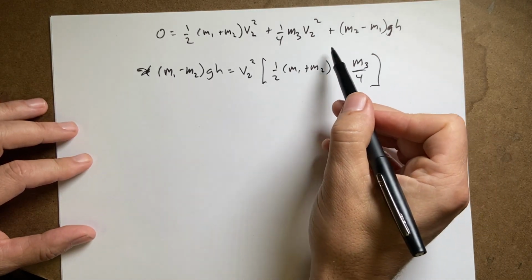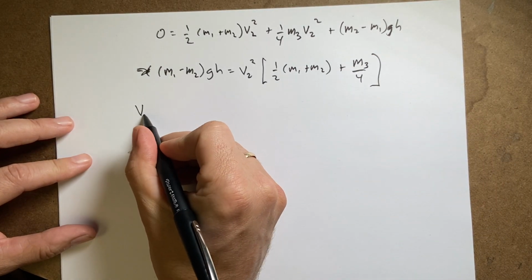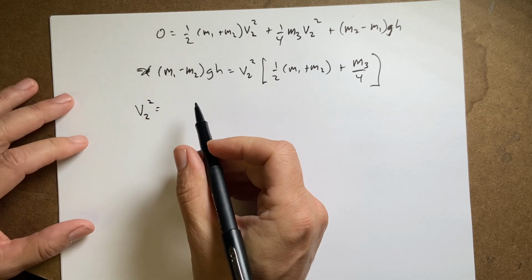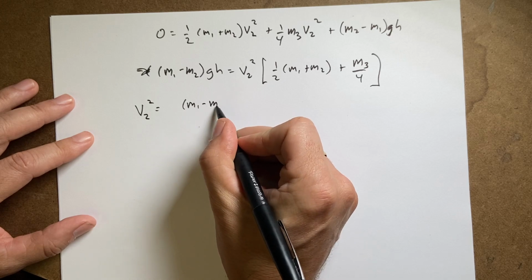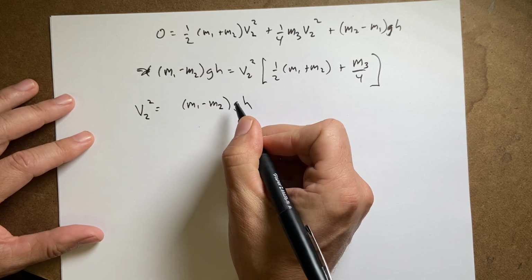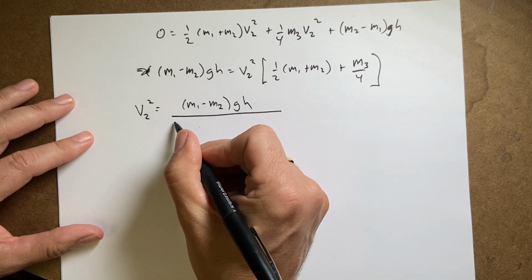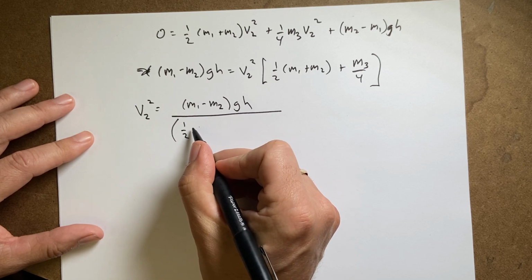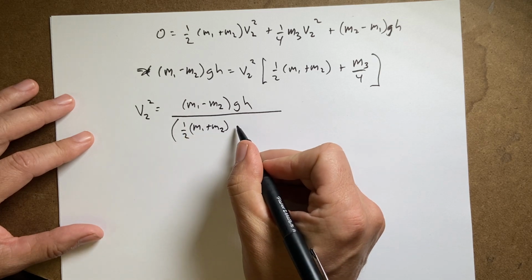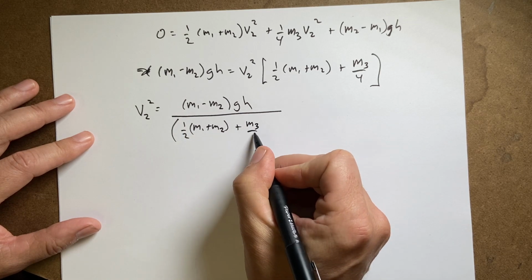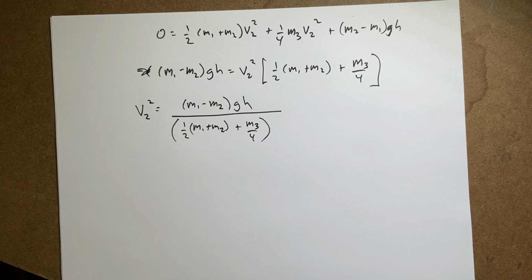So now I can divide both sides by this, and I get v2 squared equals m1 minus m2 gh, all of that over 1/2 m1 plus m2 parentheses plus m3 over 4. And that's that.